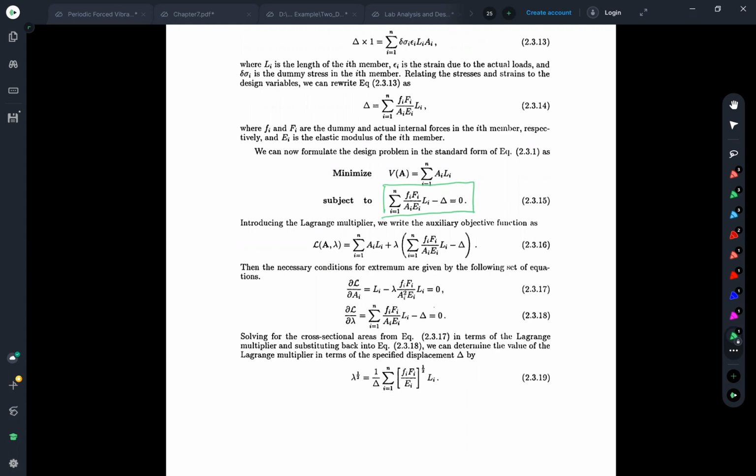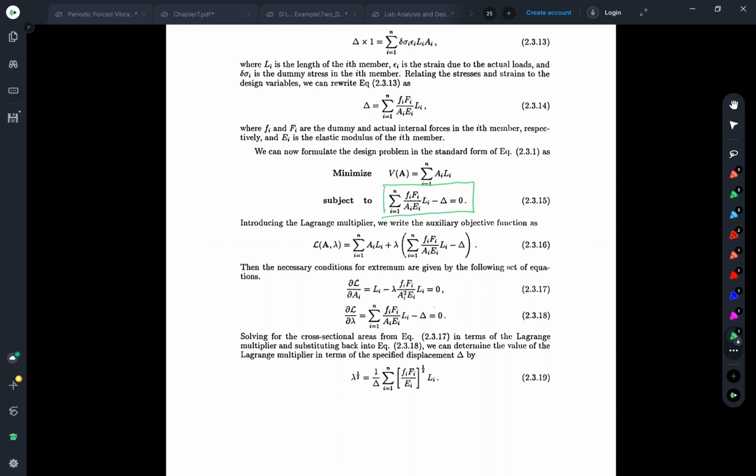Okay, and from that, if you want to do the optimization, you have to form what they call the Lagrangian, right? Using the Lagrangian, you have the Lagrangian function of A and lambda. Lambda is the Lagrange multiplier, the penalty parameter. And it becomes 2.3.16. And you have to find the necessary condition.